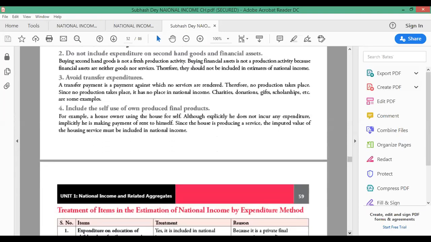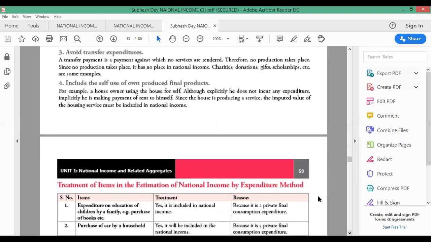Then include the self use of own produced final goods. Like there are various own produced final goods also, like for example a house owner using the house for himself, right? Suppose he's using his house as a factory also. He has one floor up there, and he is using it as a factory on the first floor.